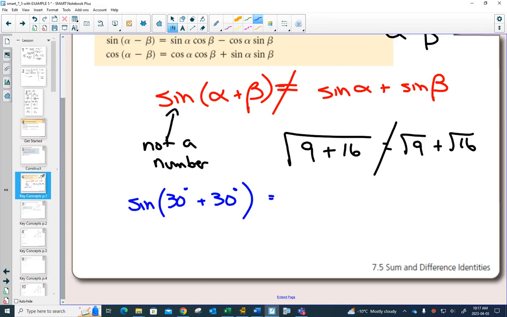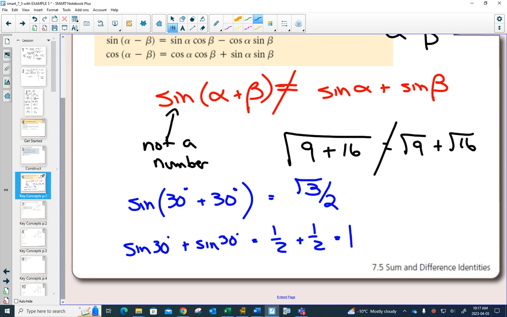And sine of 60 degrees from our pi plate is root 3 over 2. If I wrote sine of 30 plus sine of 30, these are also on our pi plate. Sine of 30 is 1/2. Sine of 30 is 1/2 again. Sine of 30 plus sine of 30 would be 1/2 plus 1/2, which equals 1. And again, 1 doesn't equal the square root of 3 over 2.